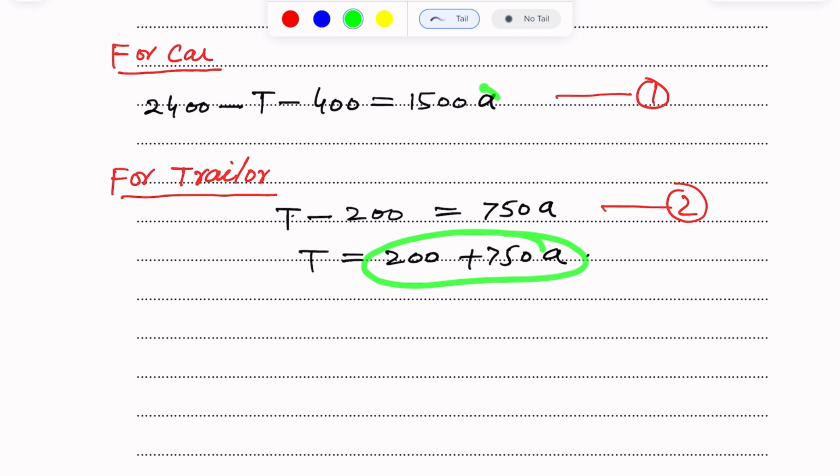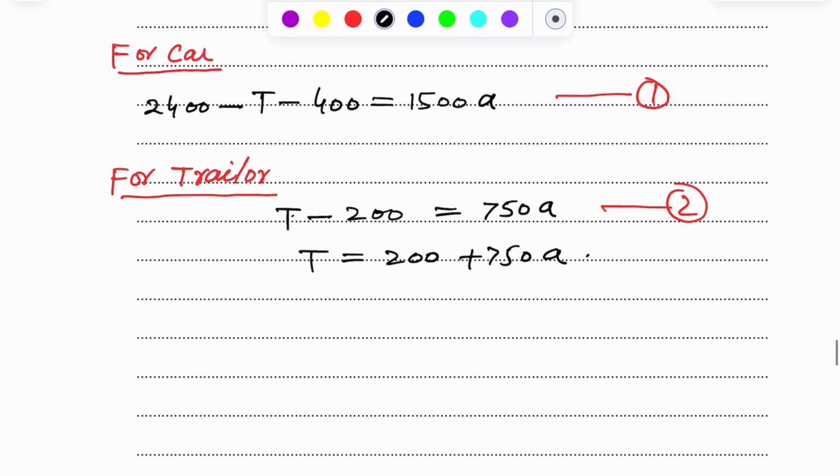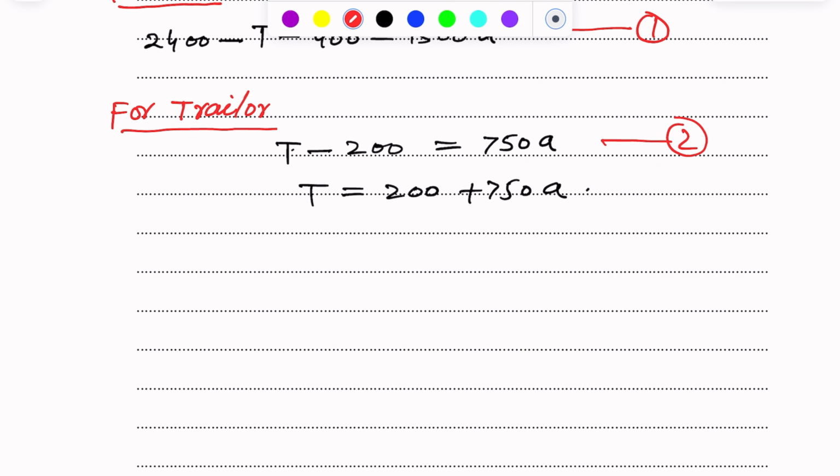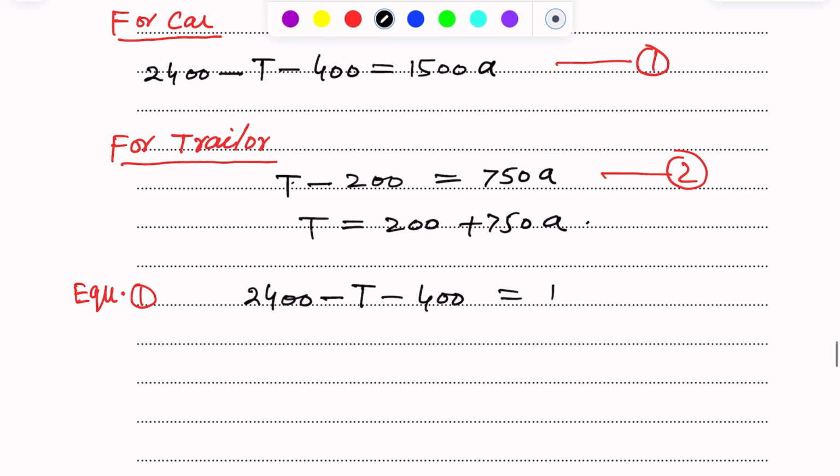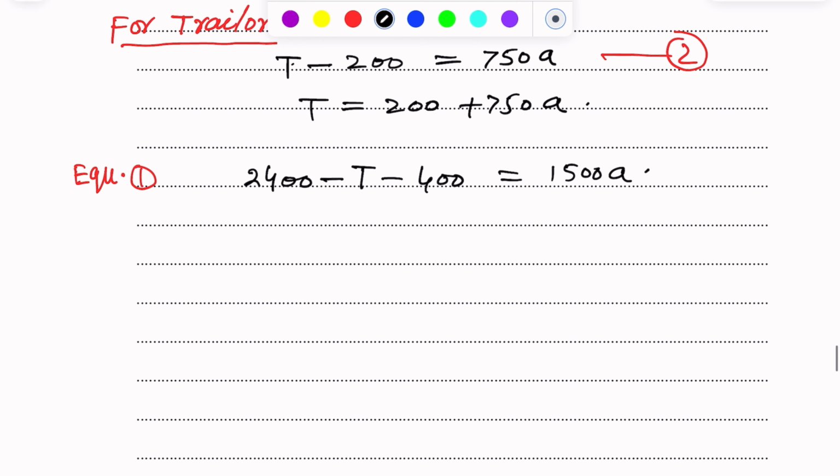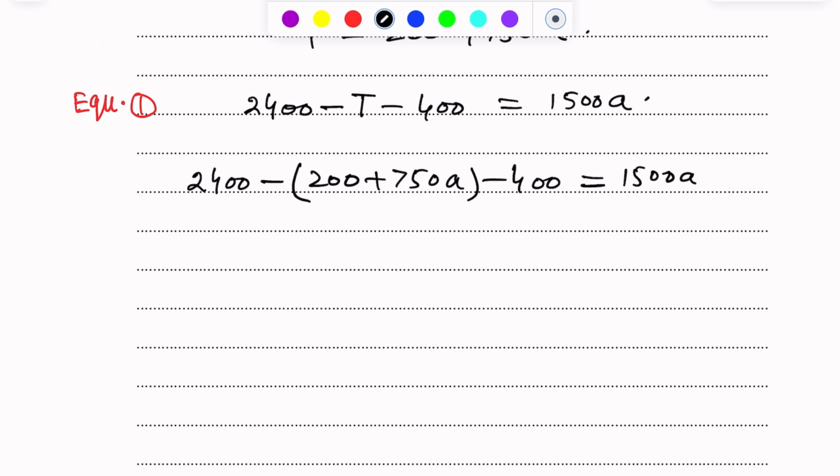Putting this value of T in equation number 1, which is 2400 minus T minus 400 is equal to 1500A, we get 2400 minus (200 plus 750A) minus 400 is equal to 1500A. From here we can find the value of acceleration.